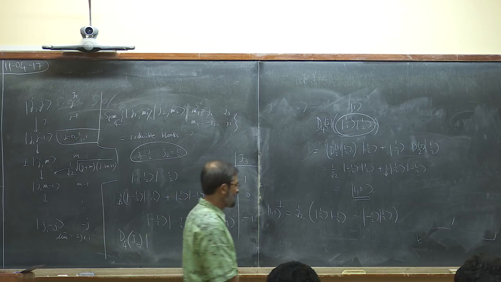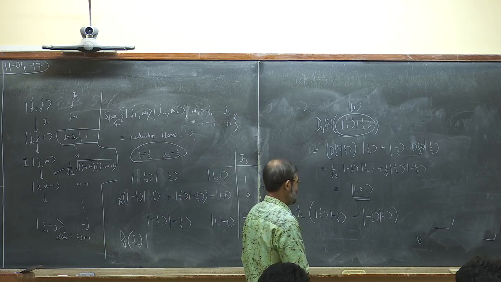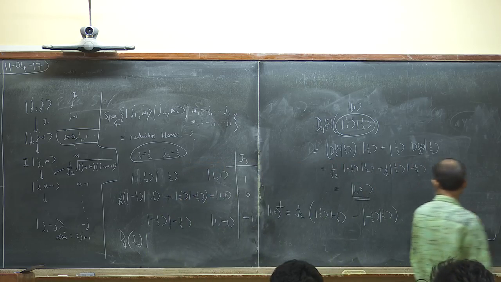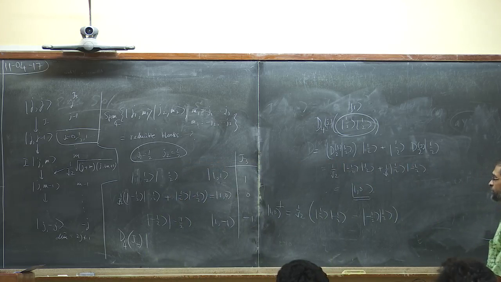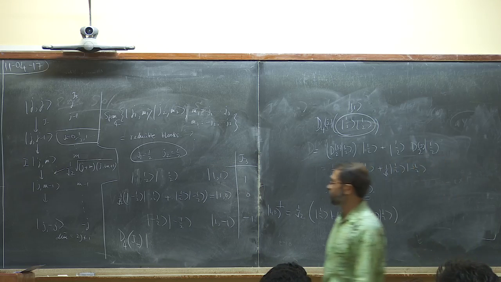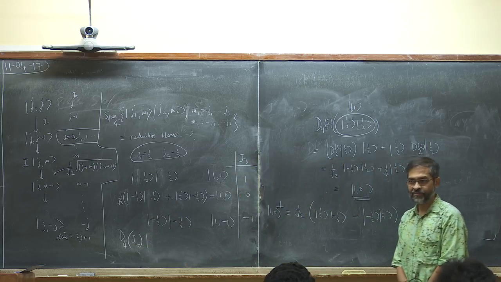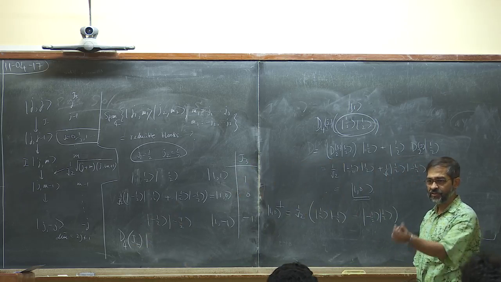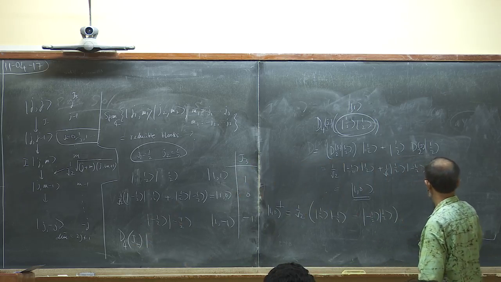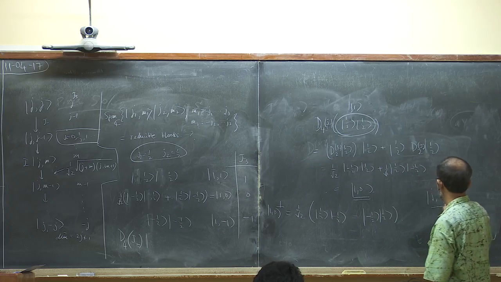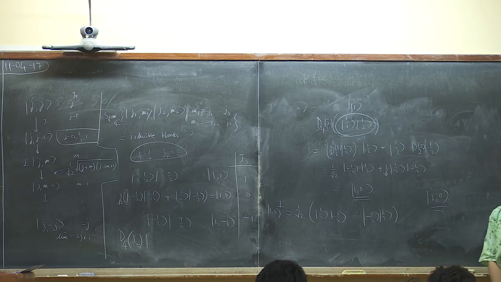This is both the highest and lowest weight state. Exactly. You can also directly act on JZ, that I know. JZ gave zero. That does not distinguish between this combination and the minus combination. See, the point is that it only tells me that it is of the form j comma 0.